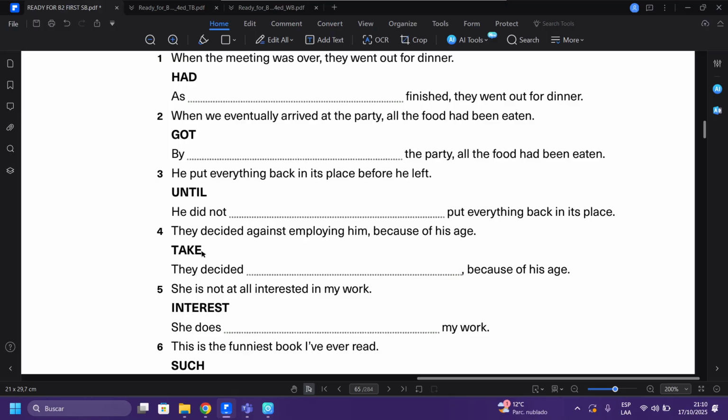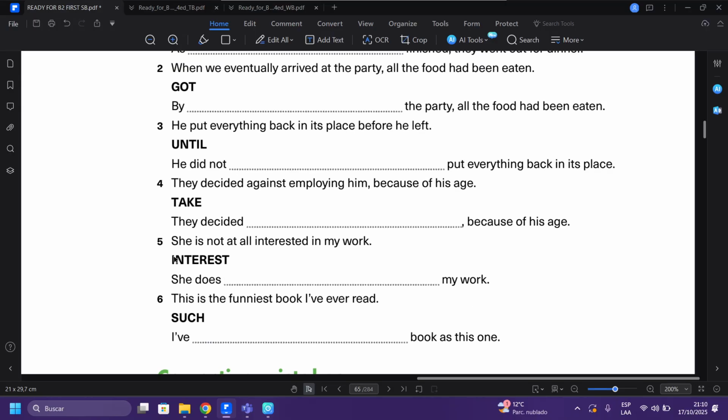He didn't leave, right, until he had put everything back in its place. You see? It's the other way around, the reverse. He didn't go out until he had put everything back in its place.